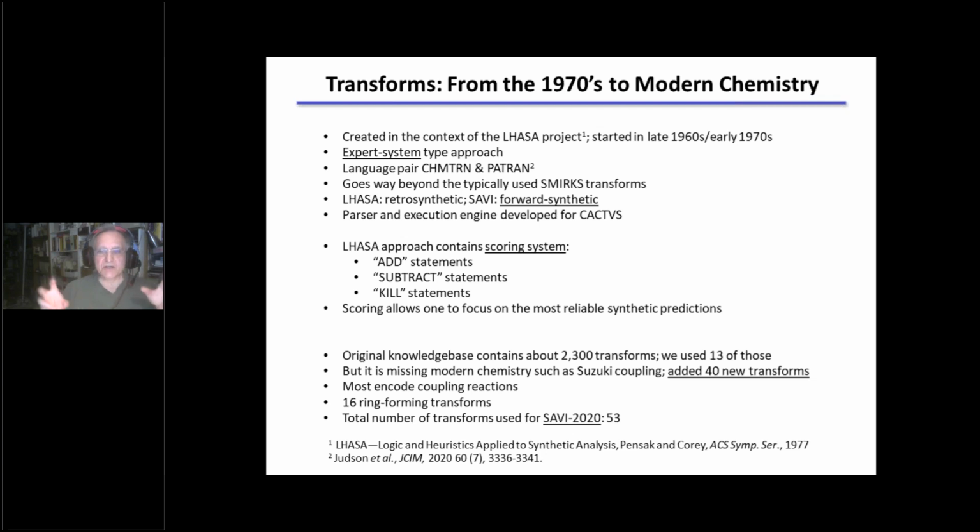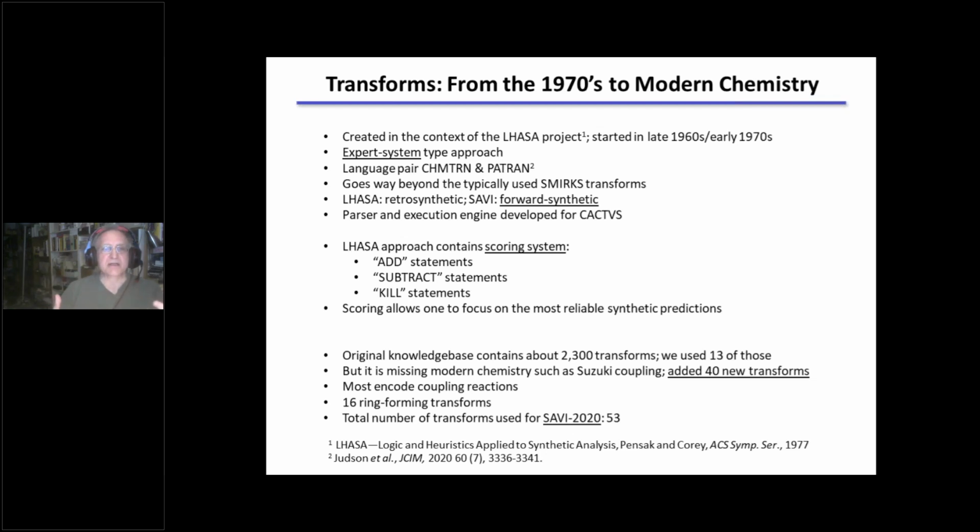It's not machine learning on large data sets. It consists of a language pair called CHMTRN and PATRAN. And it goes really way beyond the SMIRKS transforms that are widely used otherwise. Now, the LHASA project and the LHASA code that existed, and it most likely doesn't exist anymore, or it doesn't run certainly anywhere, was retrosynthetic.